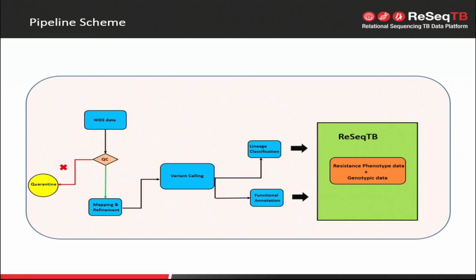Basically, we're starting with WGS data, and we'll go through some type of QC check, and then we'll eventually go into some mapping and variant calling. After we get the variant calling, we'll be doing some annotation, and that data will eventually form probably 3 or 4 different reports that we generate. From those reports, the data is then mapped into the ReeSeq TB platform, which is combined with the phenotypic DST data and any clinical data that's available on those strains.